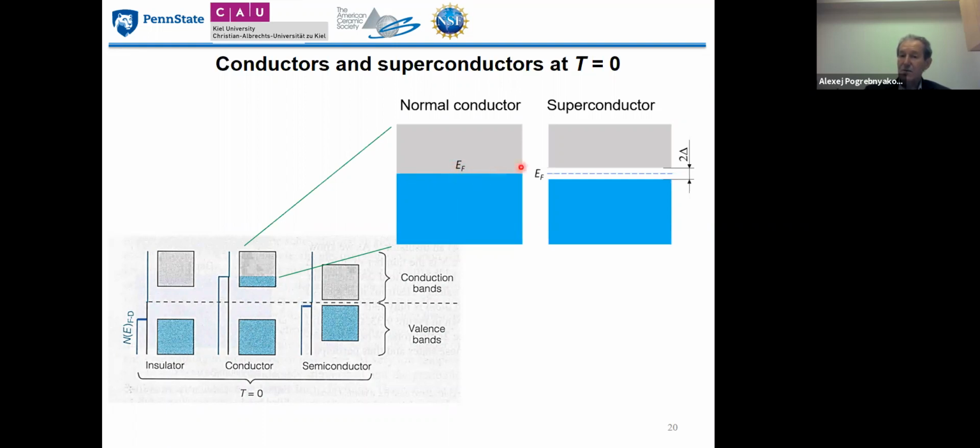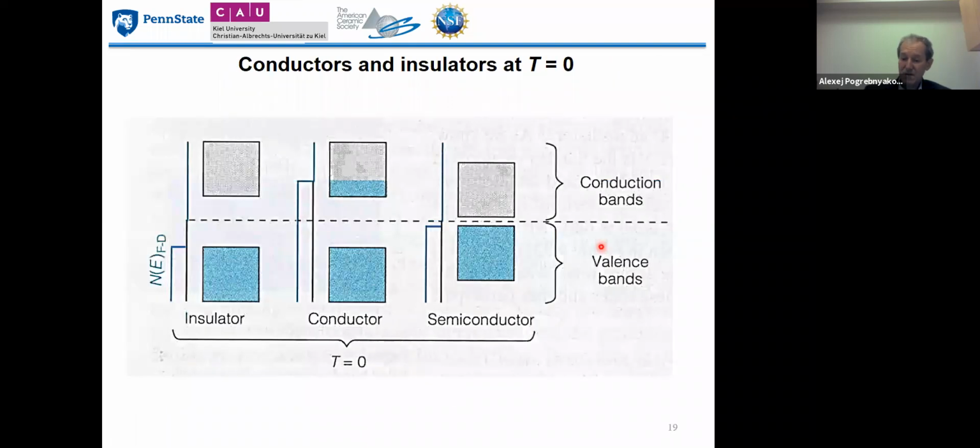And in superconductors, the gap arises between the occupied states and unoccupied states, and this gap around the Fermi surface is equal to 2 delta, 2 superconducting gaps. This value of the superconducting gap actually can be directly measured.